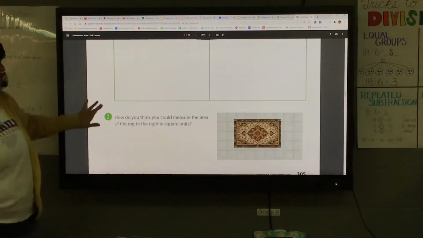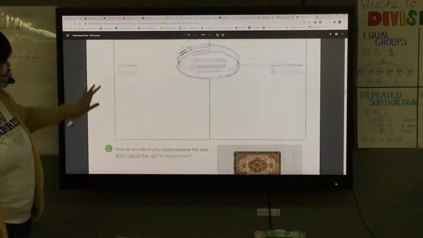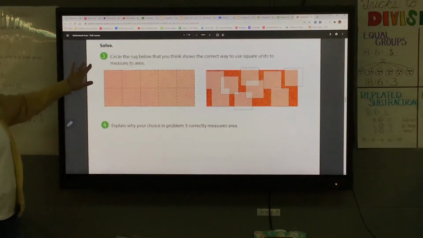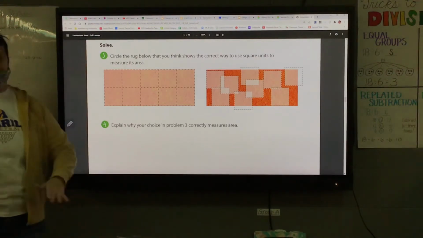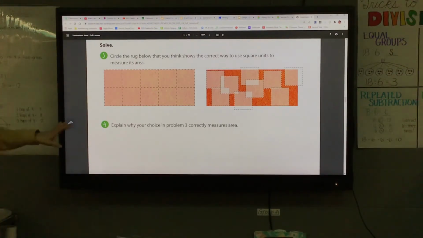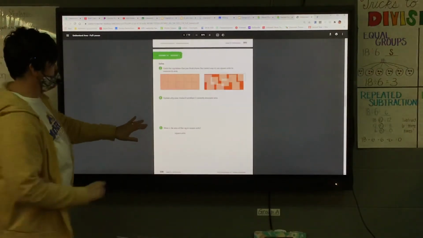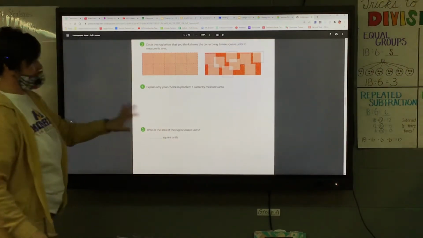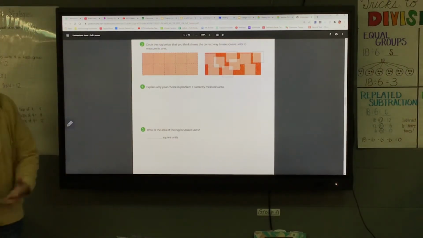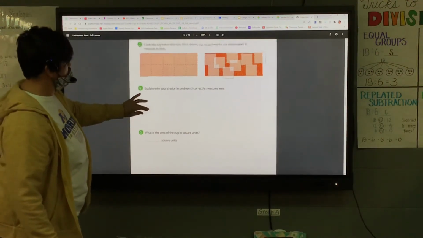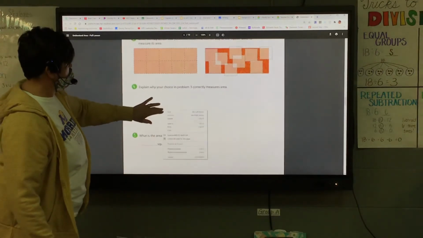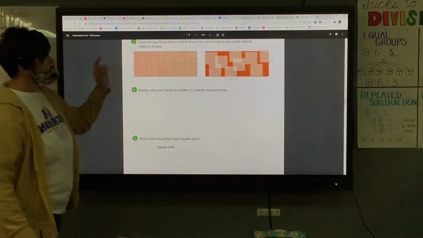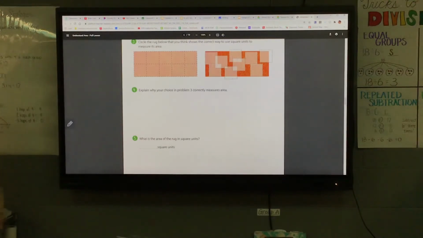Okay, let's take a look at problem 3 and 4 because 3 and 4 go together. Does 5 go with it? I think it does. I'm going to make this a little smaller so that we can see all of it on my page too, okay? Circle the rug below that you think shows the correct way to use square units to measure its area.